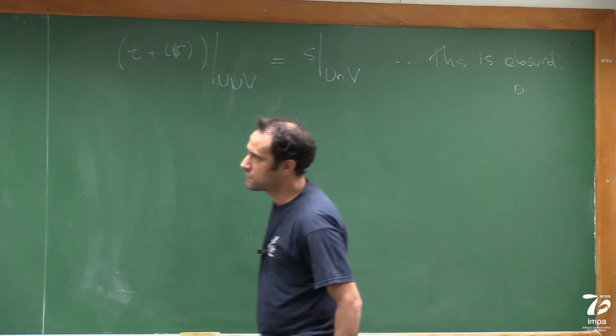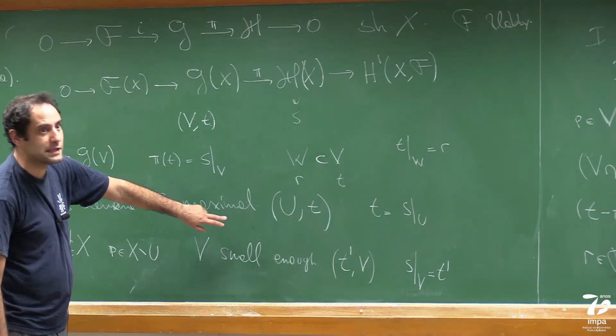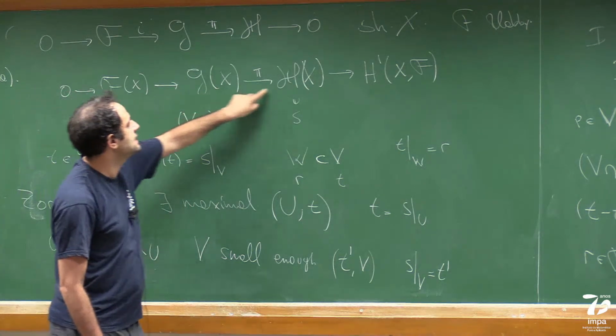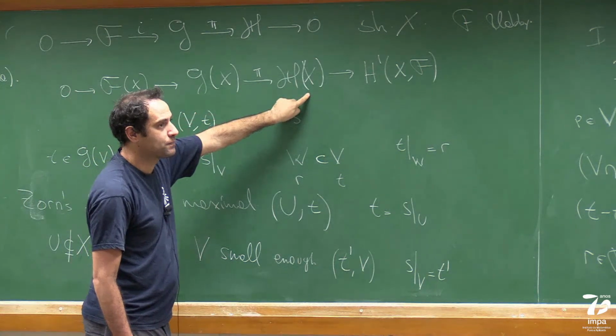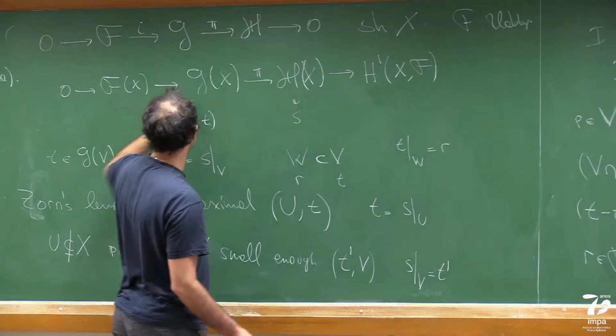Okay, so that shows that, because U union V is larger than U, being flabby makes this sequence exact. It hasn't shown that this guy is 0 yet; it has only shown that this sequence is exact.